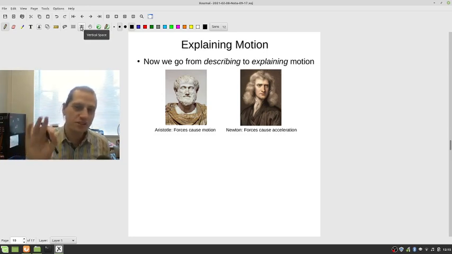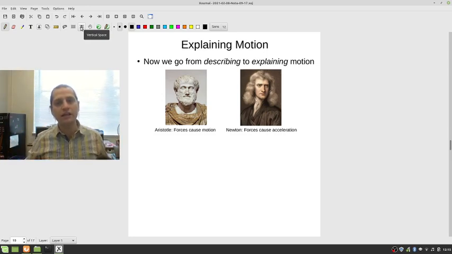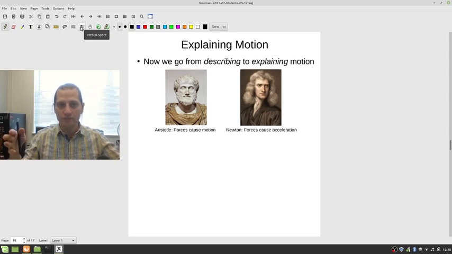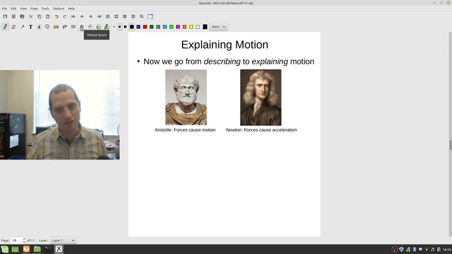Now that's an important distinction, because what it means is that if something is going at a constant speed, if something's just moving along, it's not our job to explain that. What we have to explain is changes in motion. Okay, so we have to explain accelerations. We do not have to explain simply moving.